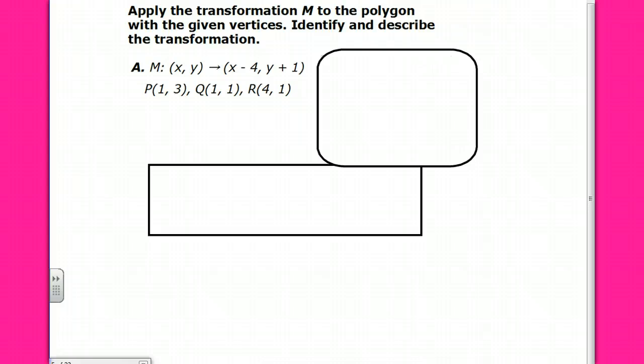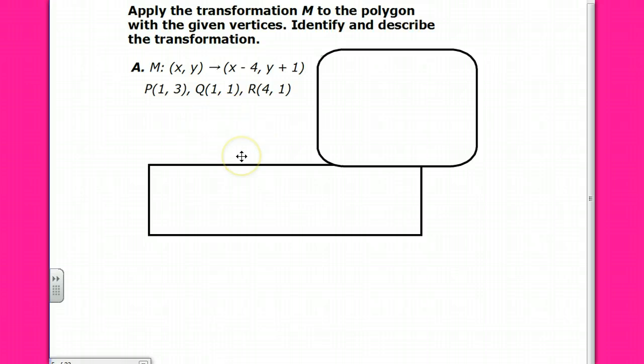Okay, we're going to apply transformations and describe them. So jot down a quick coordinate plane and graph point P, Q, and R, and then you're going to find the image by applying these rules to each x and y.